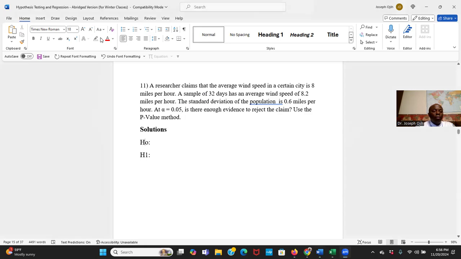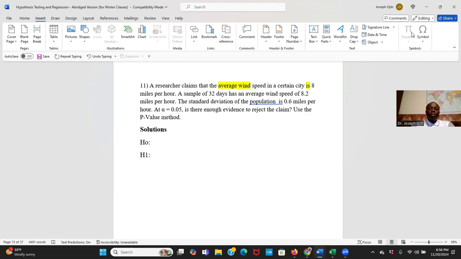So this researcher claims that the average speed is, so look at the keywords here. Here is the keyword: average speed is. See? Is is the keyword right there. So is means equal, and equal you can use in the null hypothesis. So you have H0: mean equals 8 miles per hour.